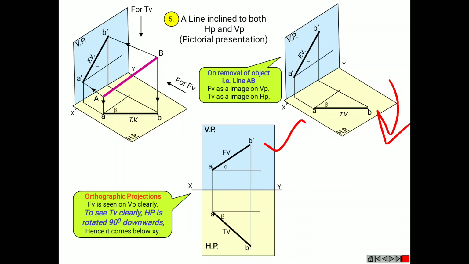So before that, he is saying that in orthographic projections, F is seen on VP clearly. To see TV clearly, HP is rotated 90 degrees downwards, hence it comes below the XY line.